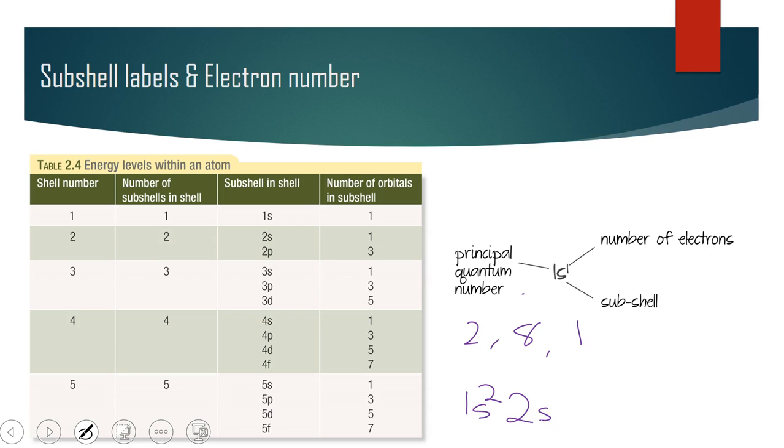First subshell is s, it will hold 2. Second subshell is p, and it will hold 6. So now I've got my 8 electrons, and 9, 10, 11. Then I need to go into the third shell, the first subshell in the third shell is s, and I put my last electron, 1, in here, and now I've run out of electrons. So these 2 went into my first shell, these 8 correspond to my second shell, and then this one went into my third shell.